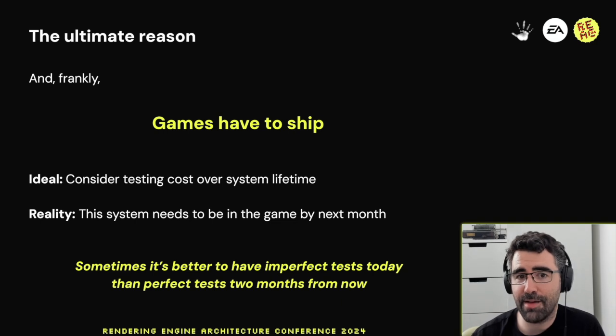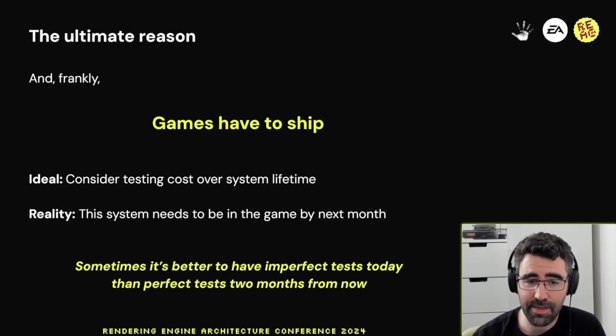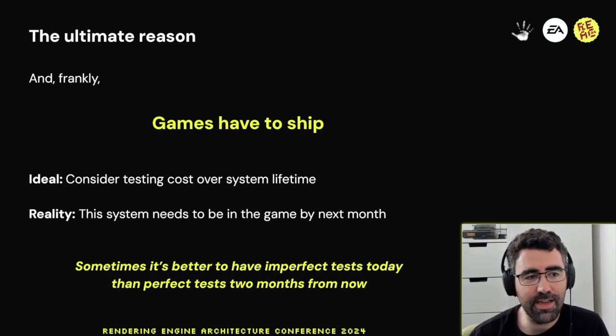And it's better to have some tests, even if they are imperfect, than having no tests at all. So, yeah, pragmatism at the end of the day is something we have to live with. Any kind of engineering requires trade-offs, and that's something we all have to live with.